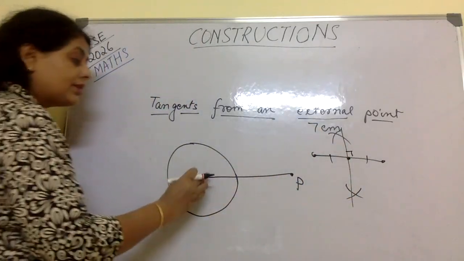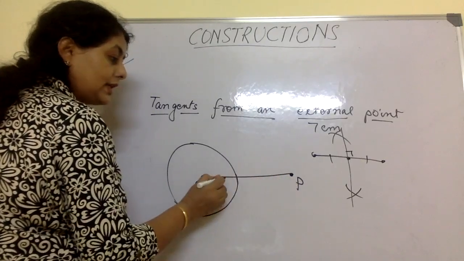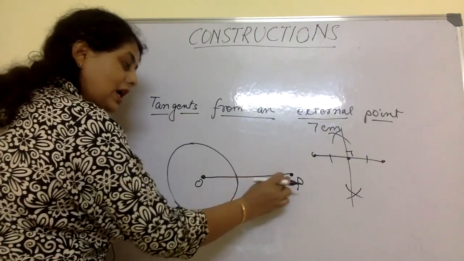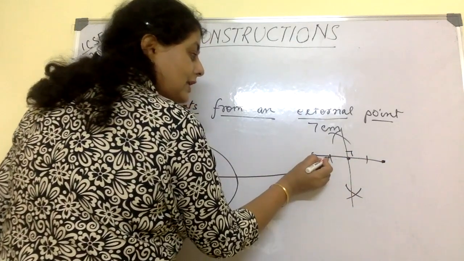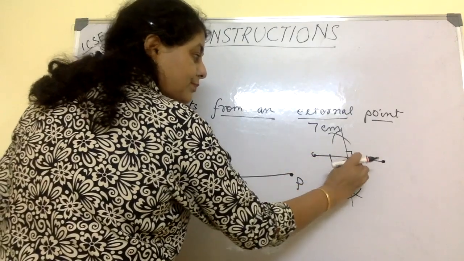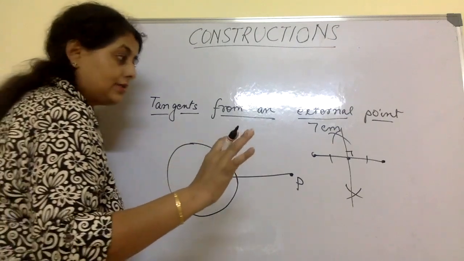Now for OP, take the compass, fix it here, and pull it up to more than half of OP. Your compass, when you fix it here, should come up till here at least. If it is below half, it will not give you a correct figure.